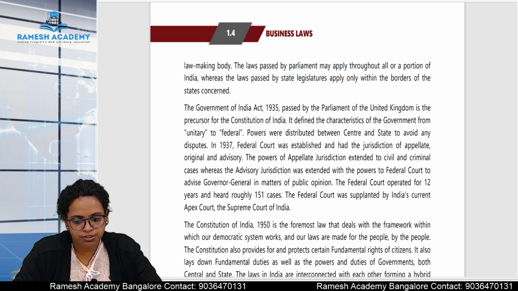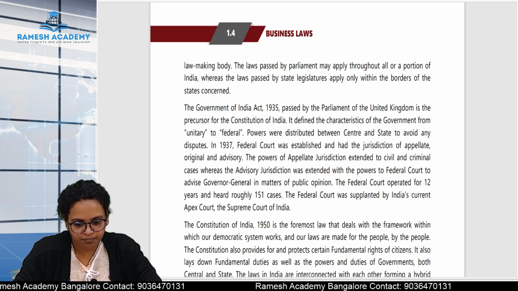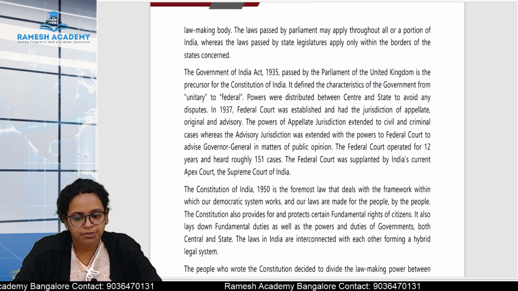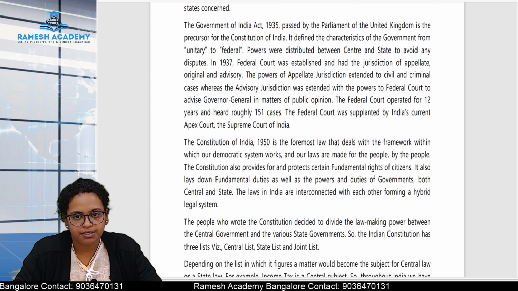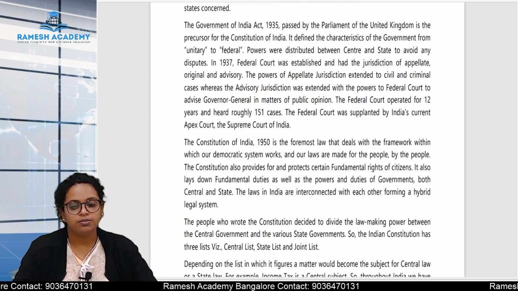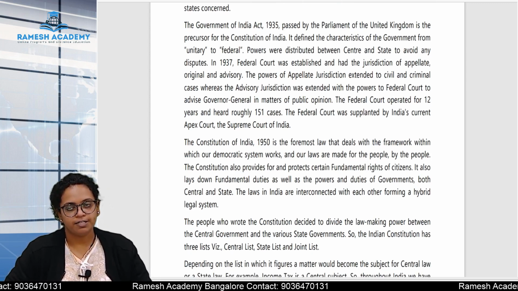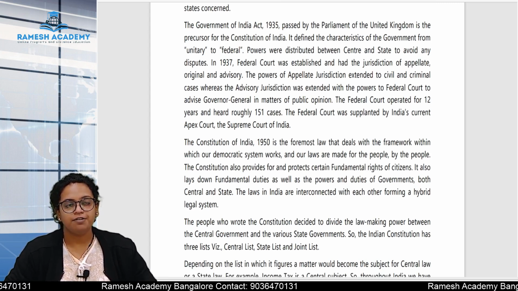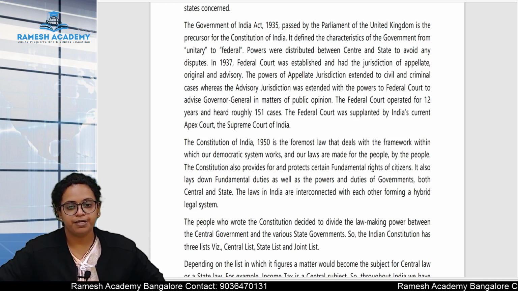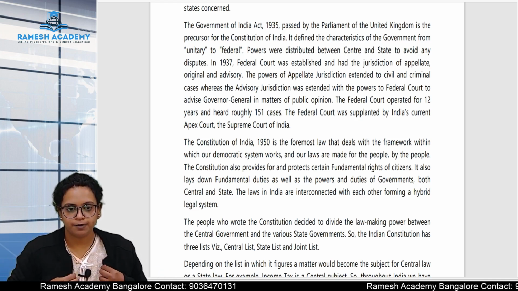Powers were distributed between the center and the state to avoid any disputes. So the powers between the center and state have been distributed. As I told you, like a very simple example, in the company not every decision can be made by a CEO or the head of the company.